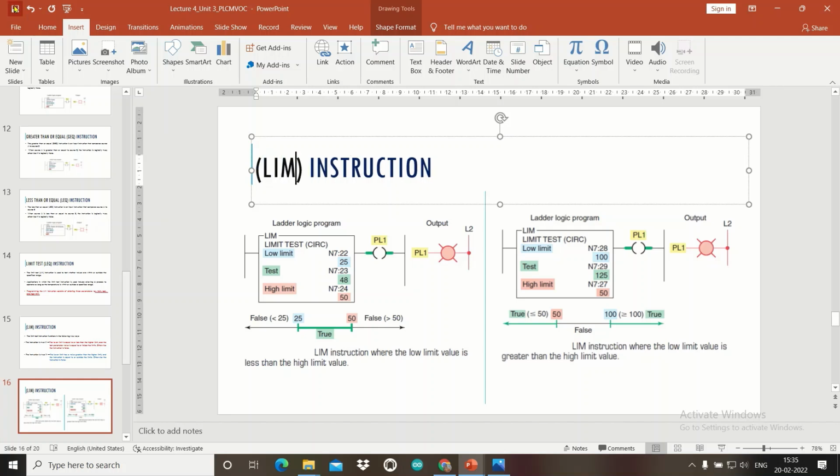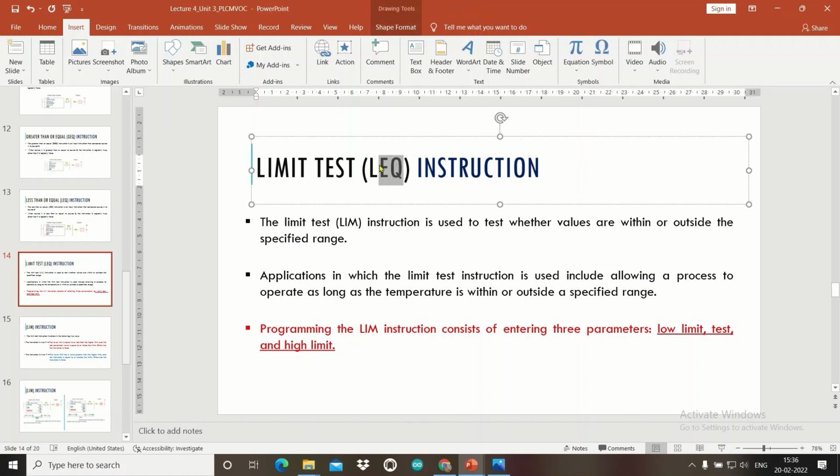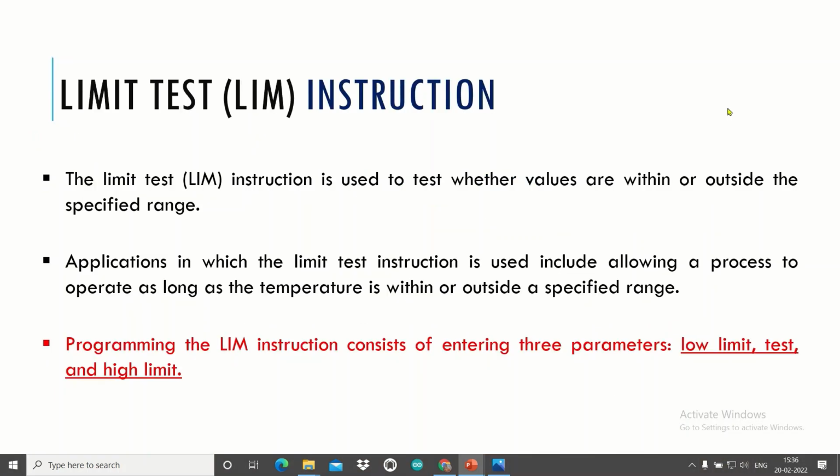Okay. Now let's concentrate on the limit test, that is LIM instruction. All right. Let us see here. This is a special instruction as I had already told. The limit instruction is used to test whether some value is within or outside a given specified range.